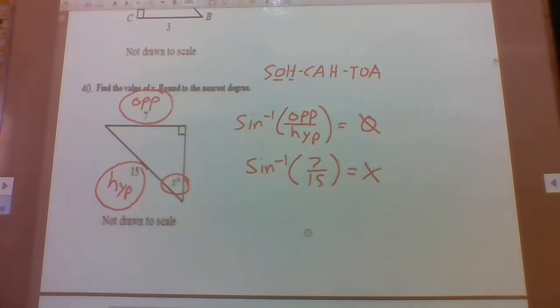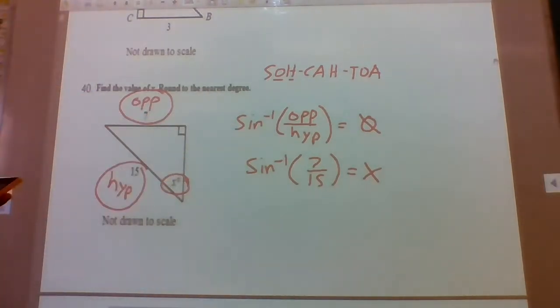So inverse sine of 7 divided by 15. It's going to be 27.8 to the nearest degree.